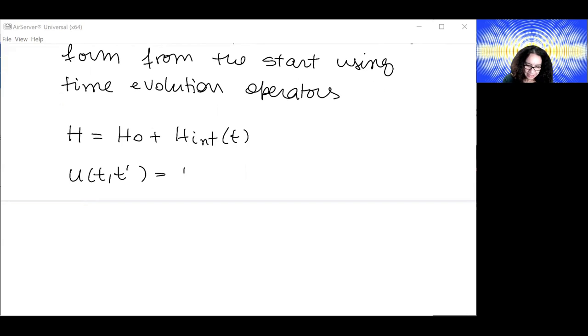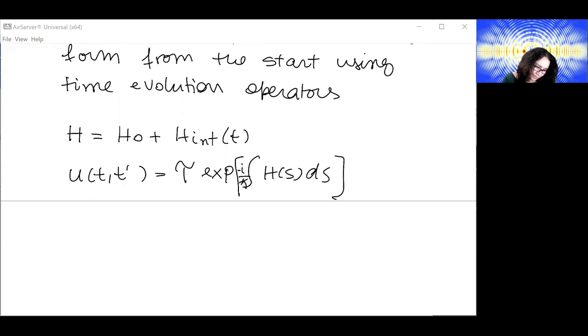So this is time ordering exp of minus i over h bar integral of H(s) ds.